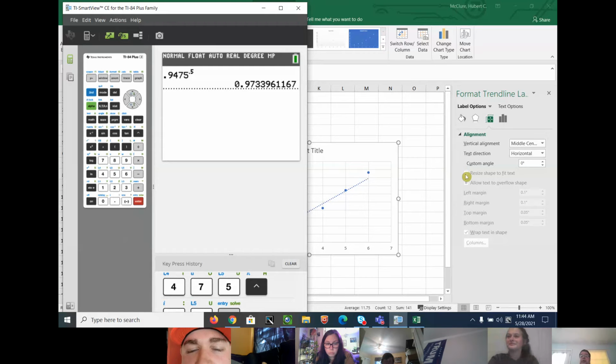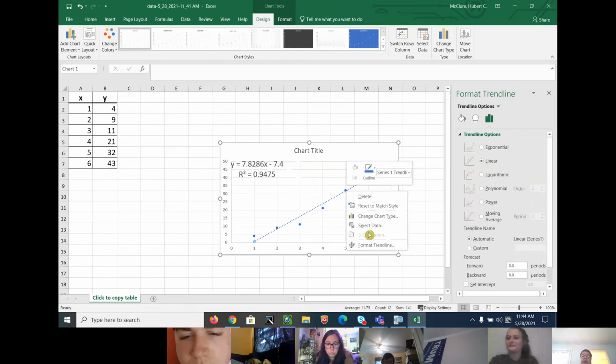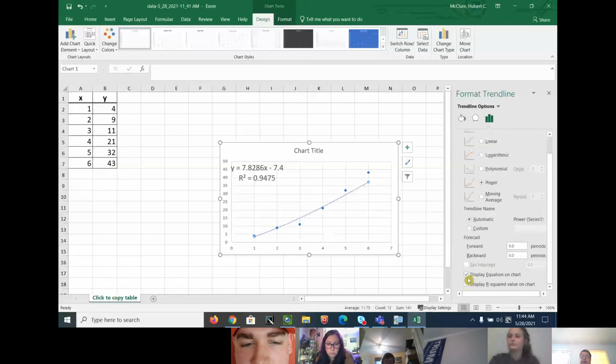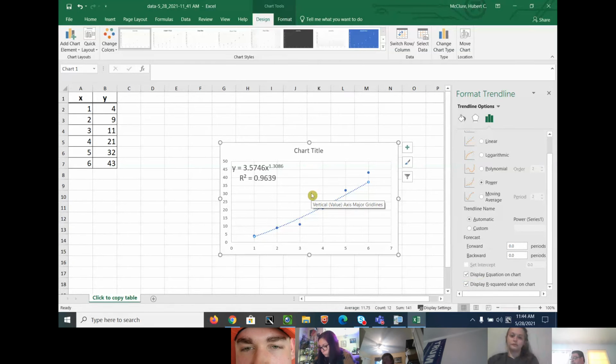Now let's do the other, and this time I'm going to do power, and I'm going to display, and there's the display for the power. Now look at that R squared, and this is y is equal to 3.5746x to the 1.3086 and 0.9639.